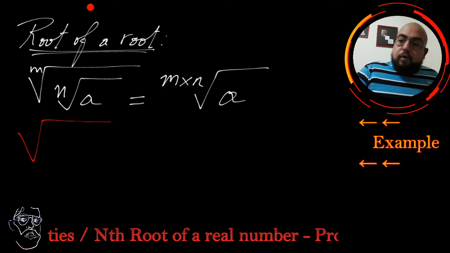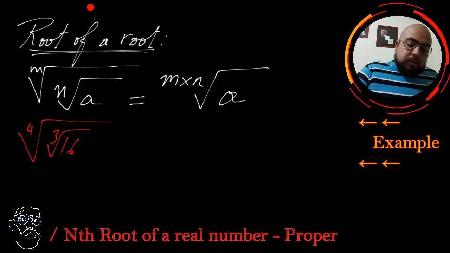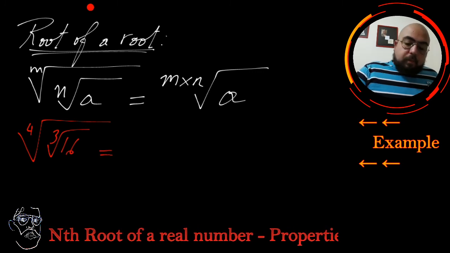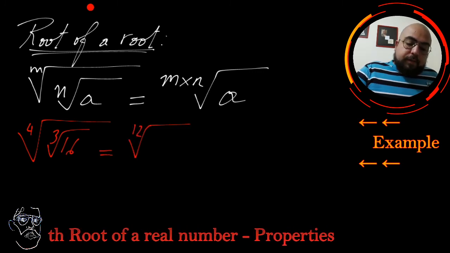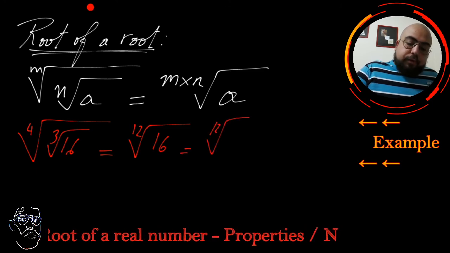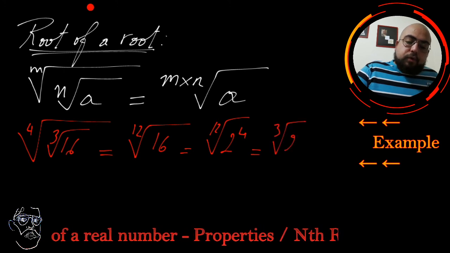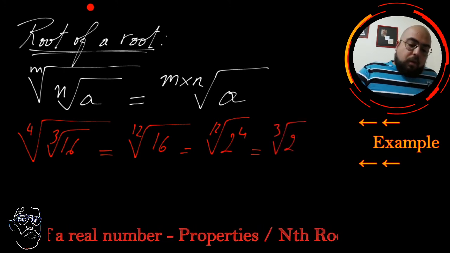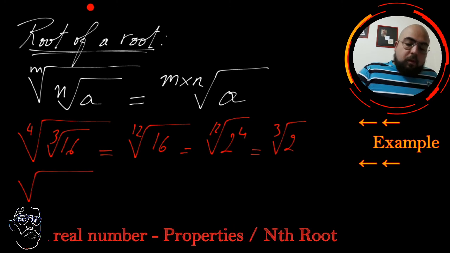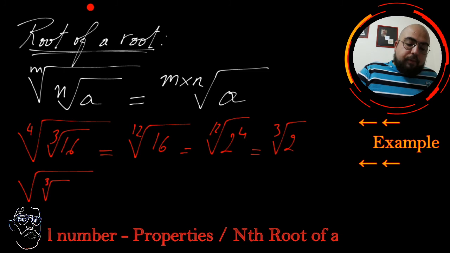The fourth root of the cubic root of 16, it's the 12th root of 16, which is the 12th root of 2 to the power of 4, which remains the cubic root of 2. What about the square root of the cubic root of a?